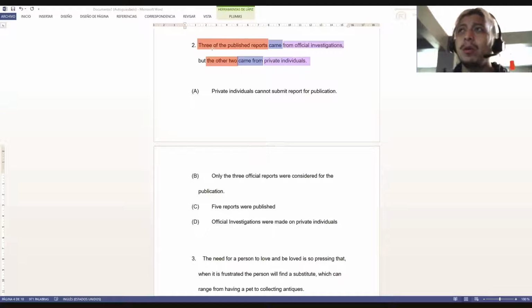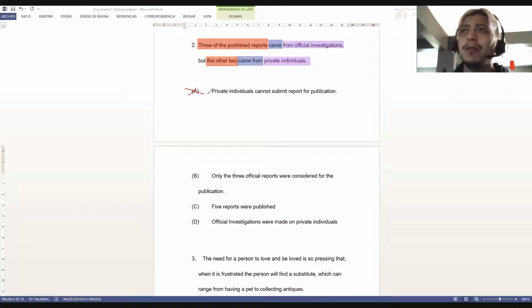So we know that there were 3 reports that came from official investigations, and 2 more came from private individuals. That is what we know. So number 1, private individuals cannot submit reports for publication.